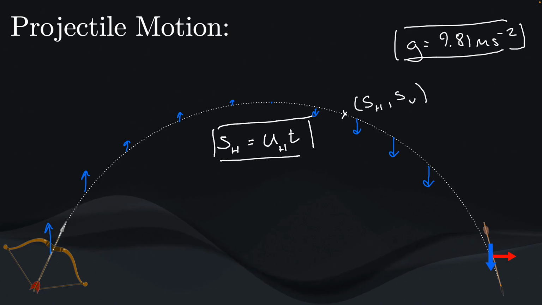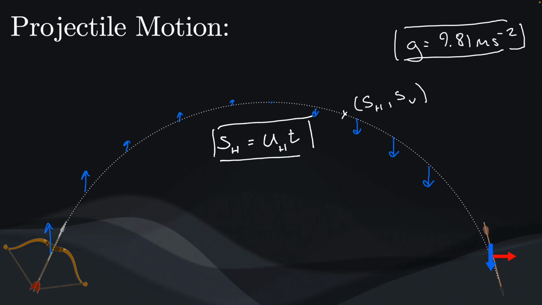Now, in the vertical component, it's a little bit more complicated because this time the velocity is not constant. The vertical velocity has a constant acceleration of g downwards. So first of all, let's use the equations to find the horizontal and vertical components of the initial velocity of this arrow.